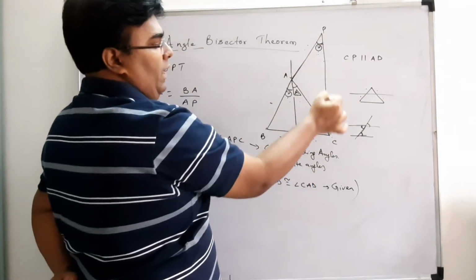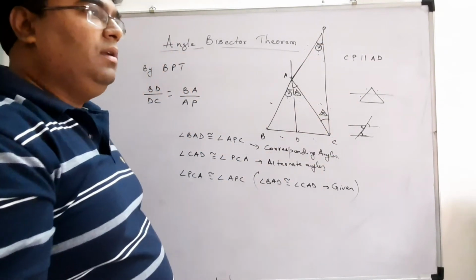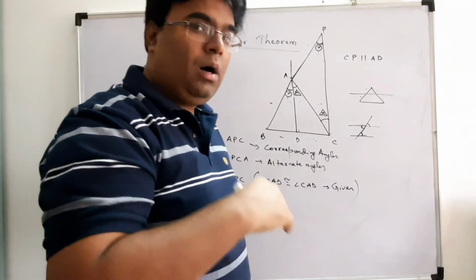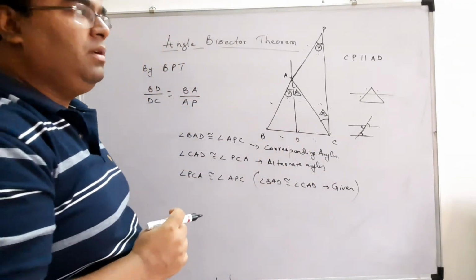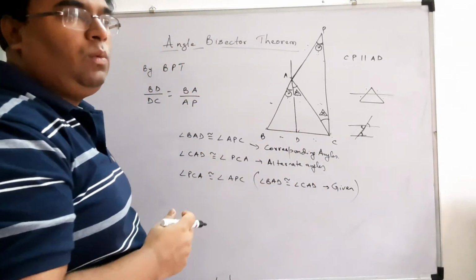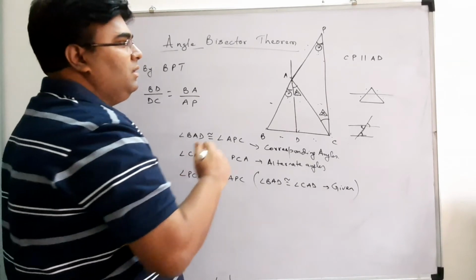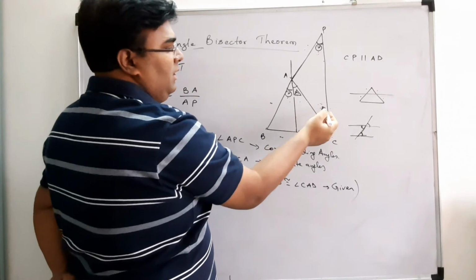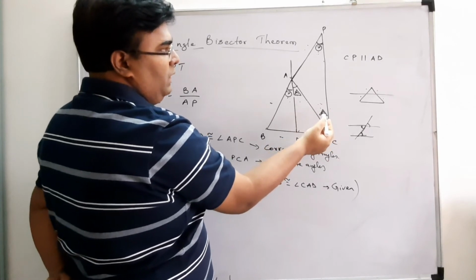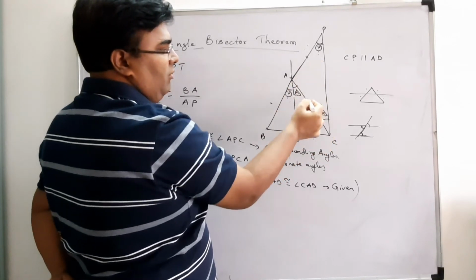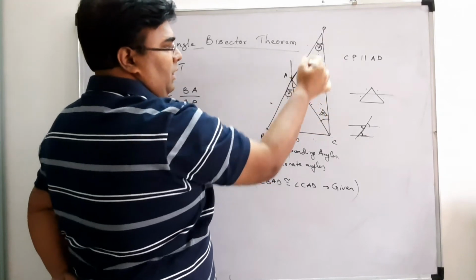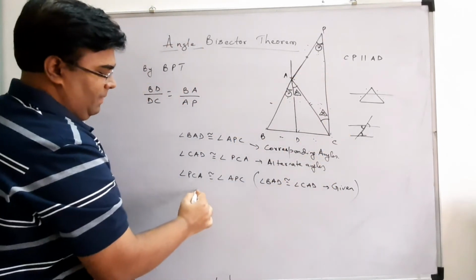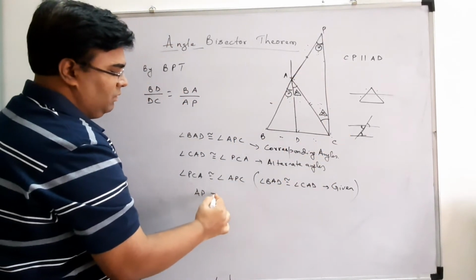If two angles are equal in a triangle, then the sides opposite to the angles are also equal. These are basically what? Isosceles triangle, right? Two angles are equal means isosceles triangle. So we can write that the sides opposite to these angles, this side is equal to this side. So AP is equal to AC.